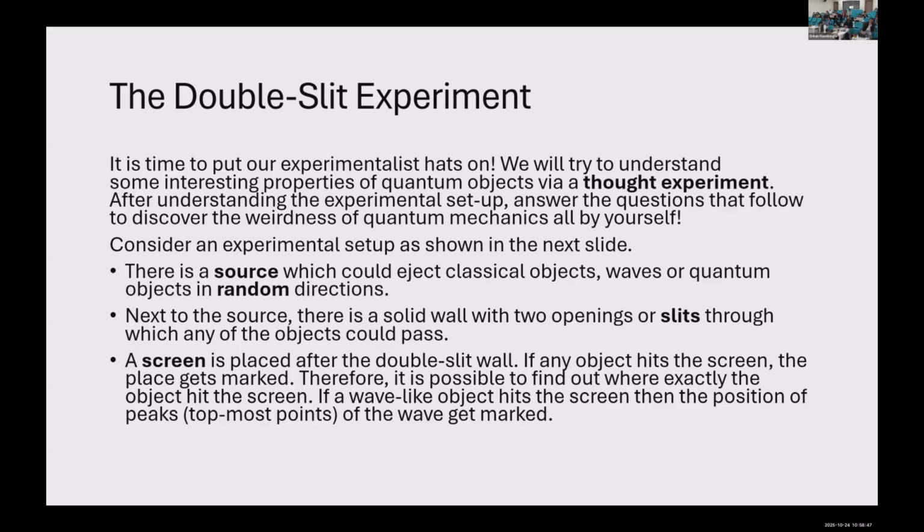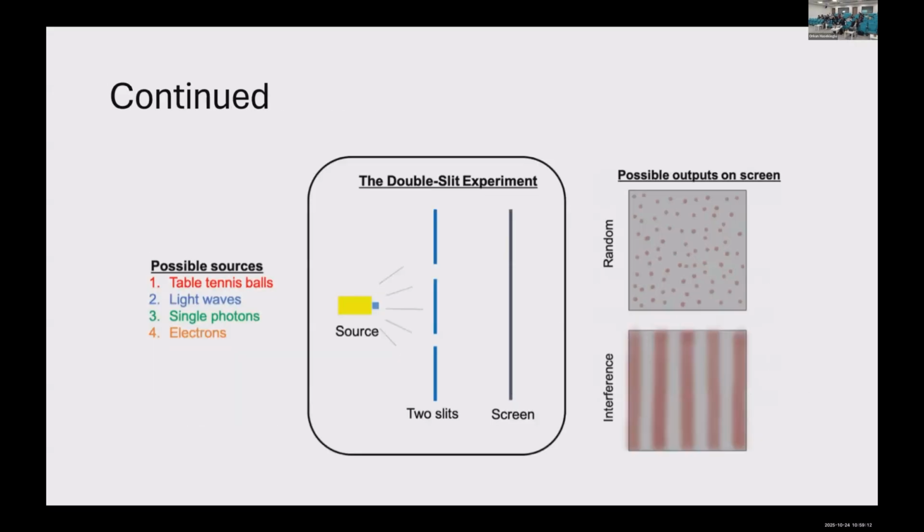Then we put a screen that is placed after the double slit wall. If any object hits the screen, the place gets marked. Okay, that's the experiment. Therefore, it is possible to find out where exactly the object hit the screen. If a wave-like object hits the screen, then the position of peaks of the wave get marked. So this is my double slit experimental setup. All right.